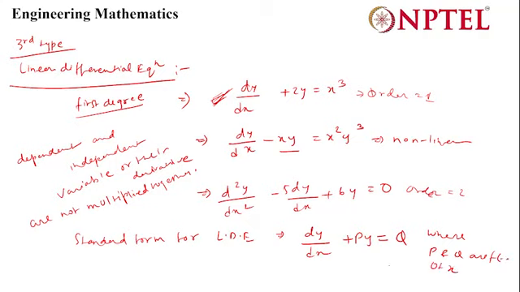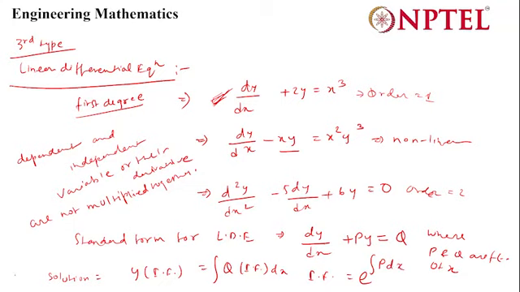So what will be the solution of this equation? The solution will be y into integrating factor equals the integration of q multiplied by integrating factor into dx. And what will be the integrating factor here? e to the power integration of p dx.